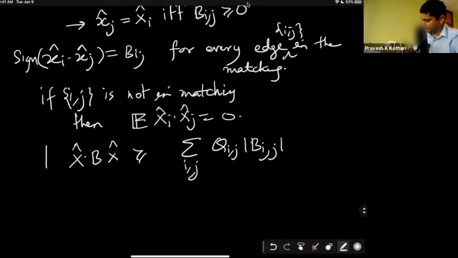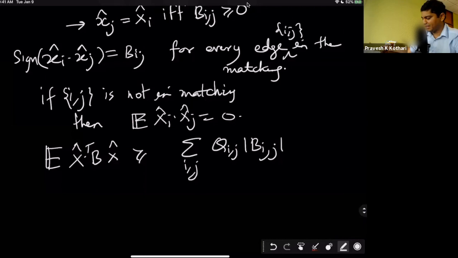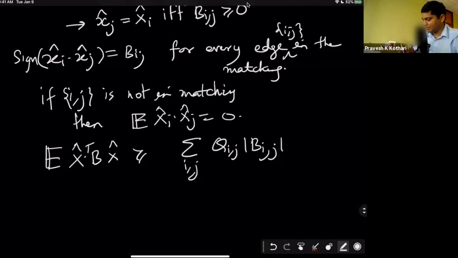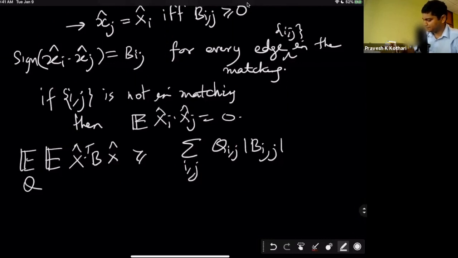Then this proof has given us that expectation of x hat transpose B x hat is at least the sum of the absolute values of entries of B that lie inside this matching. Okay. And now, all I'm going to observe is that the probability, because I chose the matching randomly, if I now take expectations over Q, the probability that any edge is picked up in the matching is exactly equal to 1 over n when n is even.